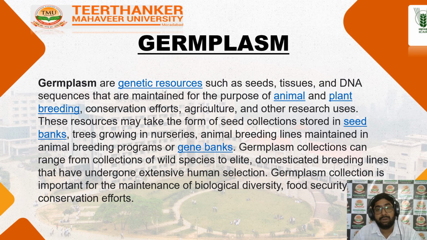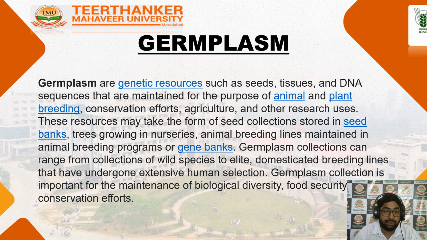A lot of germplasm of plants, roots, seed format, root format, tissue, different formats are stored in seed banks, DNA banks, and trees growing in nurseries, and animal breeding lines maintained in animal breeding programs, tree banks. Germplasm collections can range from wild species to domesticated breeding lines that have undergone extensive human selection.